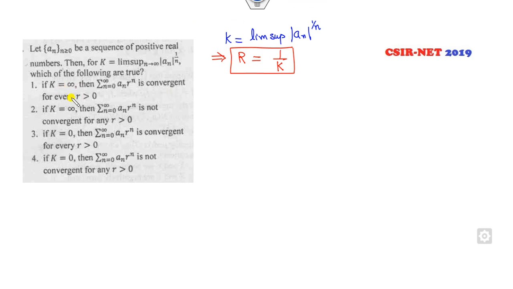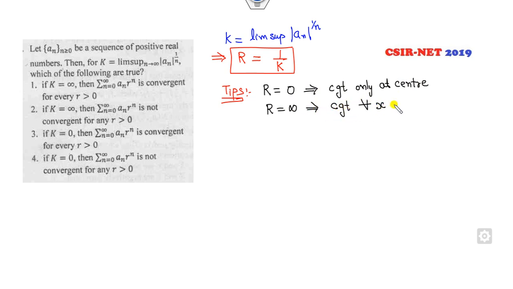What I told you earlier: if r is equal to 0, then the power series is convergent only at the center. If r is equal to infinity, then the series is convergent for all x in the domain.